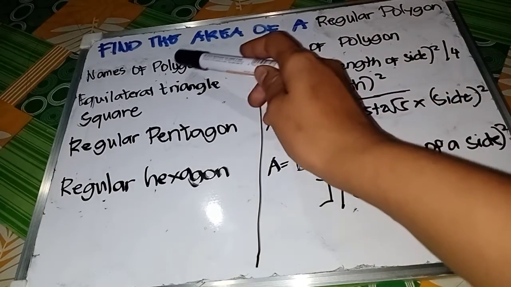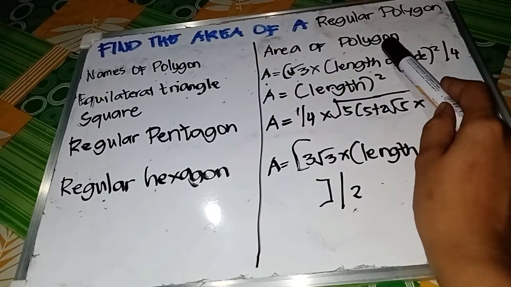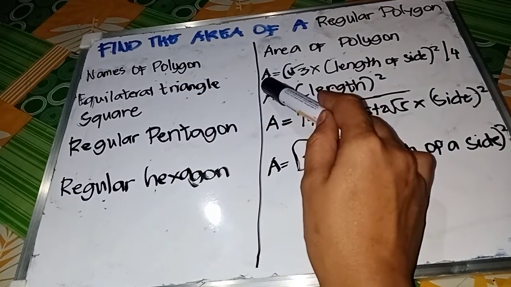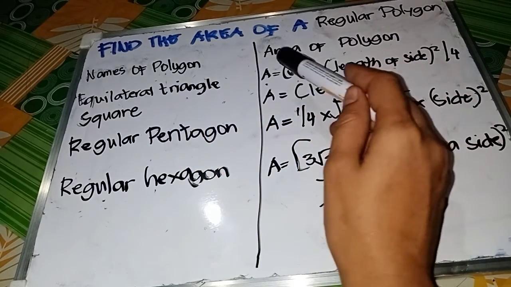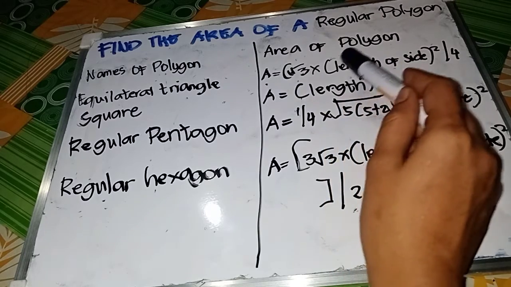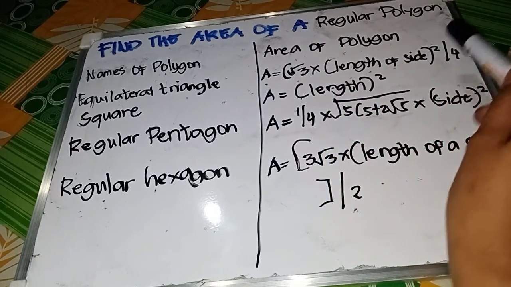These are the names of the polygons and their areas. For an equilateral triangle, the area is square root of 3 times the length of the side squared, divided by 4.